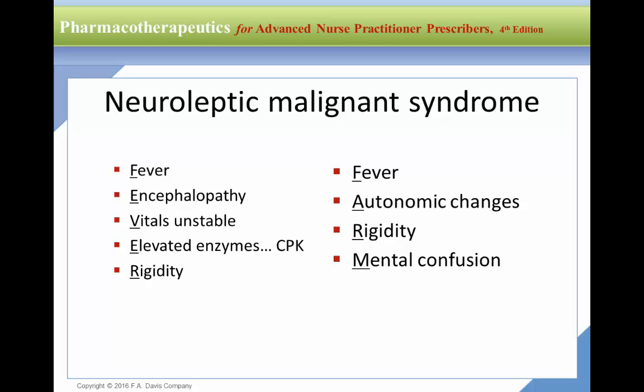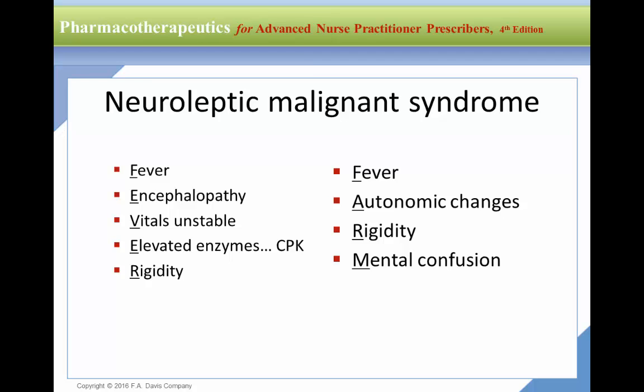They go into elevation of CK, rhabdomyolysis, metabolic acidosis, renal failure, etc. And of course, you would also see signs and symptoms of Parkinson disease associated. Patients could go into hypertensive crisis. They could go into cardiac arrhythmias and even death.